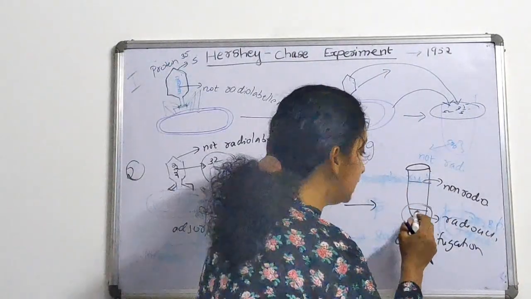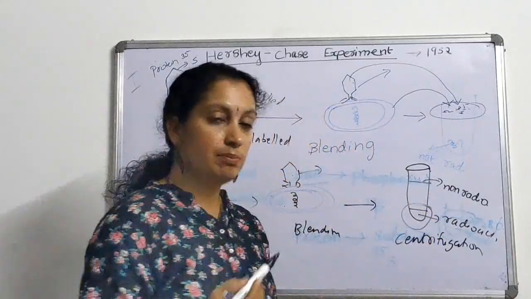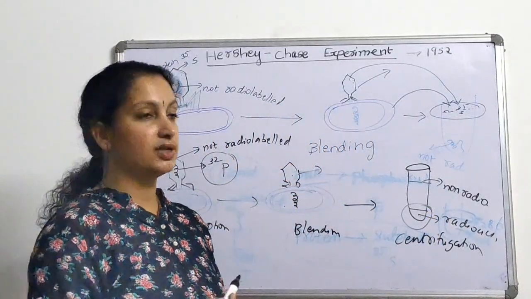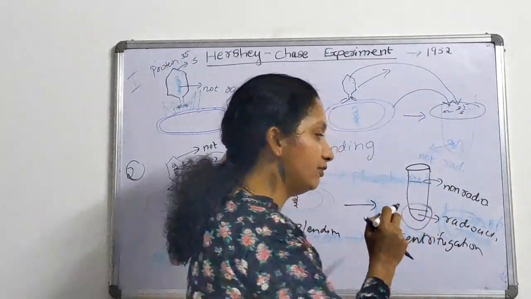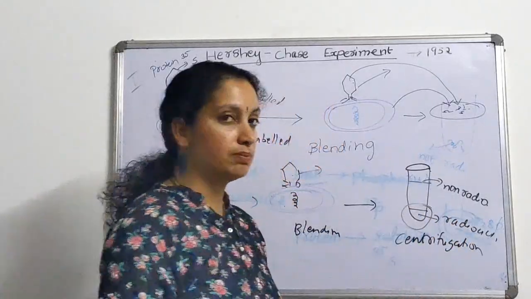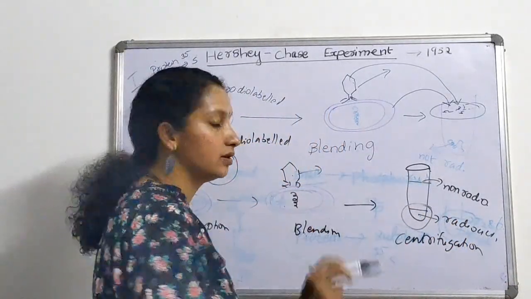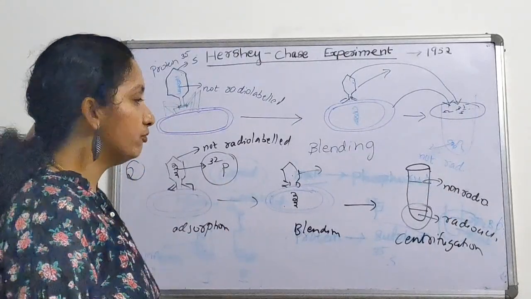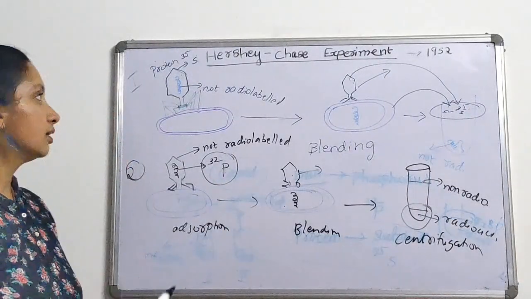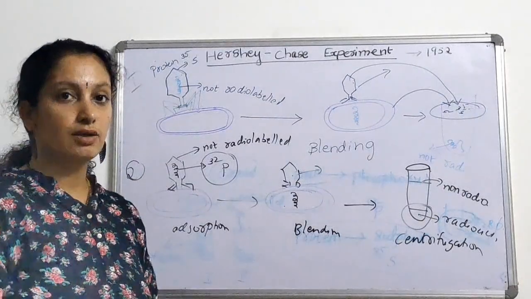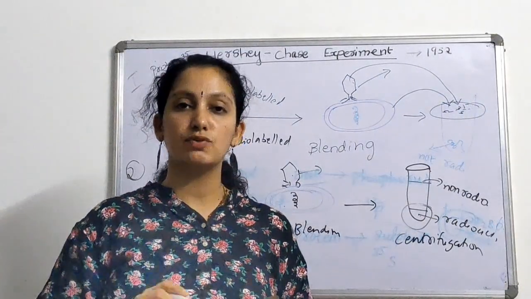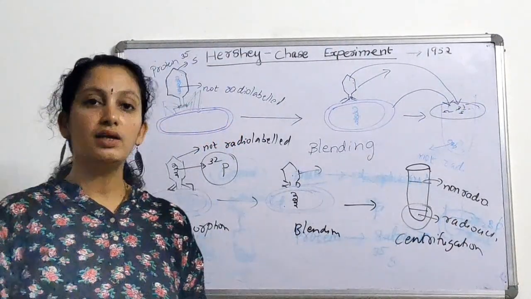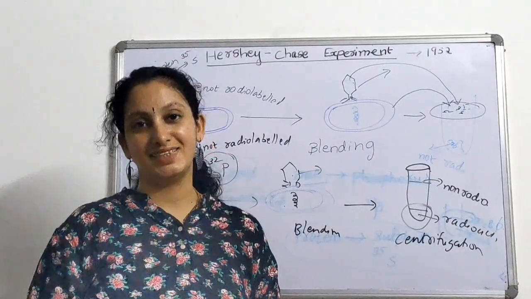That is the reason we see it sedimented at the bottom of the vial, and radioactivity is visible there because of the presence of phosphorus 32. Okay. So from this the conclusion was that DNA is the genetic material, not the protein. Undoubtedly it was proved by Alfred Hershey and Martha Chase, the Hershey-Chase experiment.